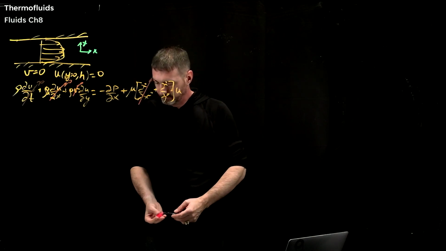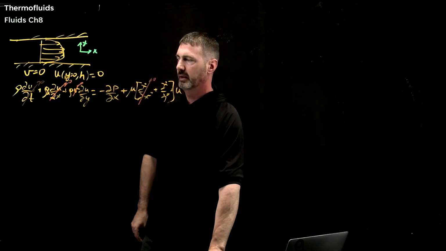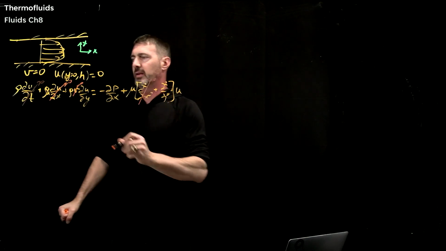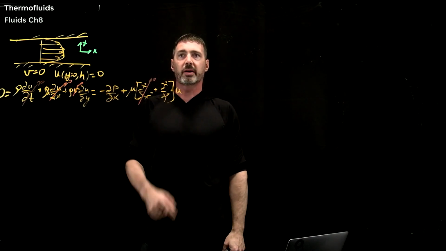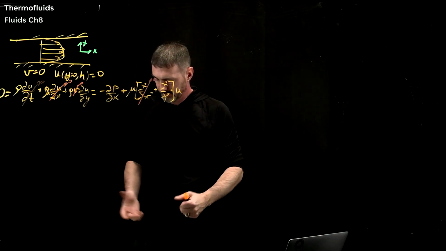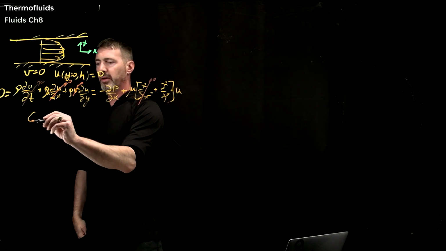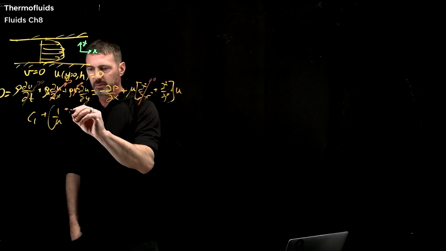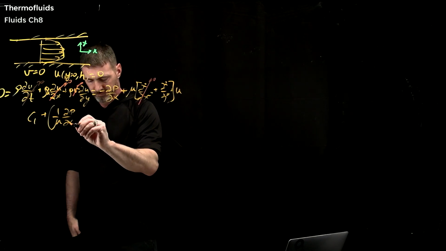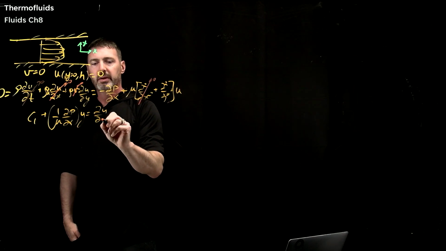So this whole thing gets really easy to integrate. This whole left-hand side became 0, and there's only one term, and it was the second derivative. And so you can integrate it. So I'll do the integration. You would have some constant of integration, and then 1 over mu dp dx times y is equal to du dy.